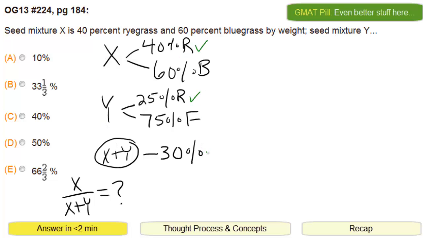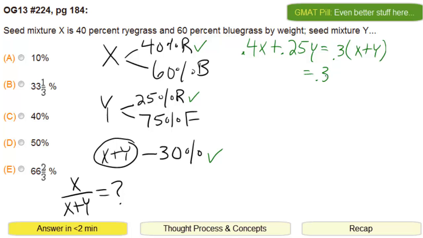So these combine together: 0.4 X plus 0.25 Y equals a 30% mixture of X and Y. This is an equation that gives us the relationship between X and Y, and then we can plug it in here.